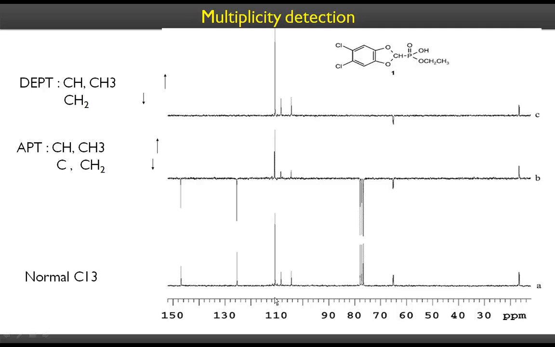A single-line spectrum is not going to cut it for you. If you don't care, you can run the single-line NMR spectrum. I suggest sometimes to run just APT, because APT gives all the carbons, and some are positive and some are negative, so you don't lose any information. In DEPT, you lose some information about the quaternary carbons, but that itself is information because if you don't see them in DEPT, they must be quaternary carbons. And then you know that methylenes are going down, methyls and methynes go up.